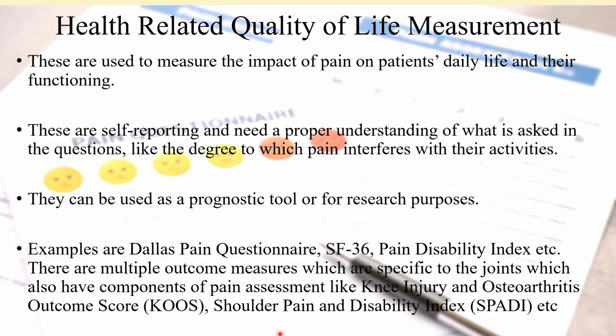For these reasons, health related quality of life questionnaires have been developed, which can be used as a prognostic tool and also for research purposes. These questionnaires tell us to what degree pain has affected the patient's participation in their activities of daily living. Some examples provided in Sullivan are the Dallas Pain Questionnaire, SF36, Pain Disability Index, etc.